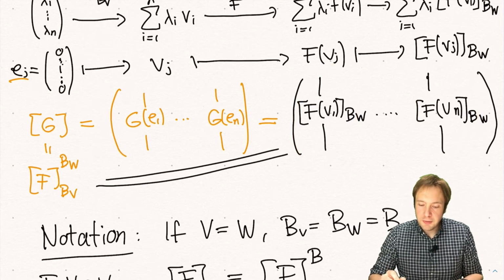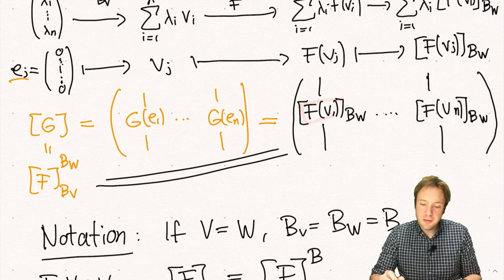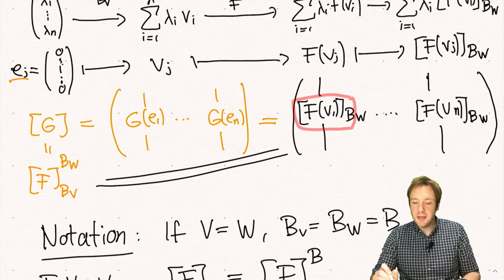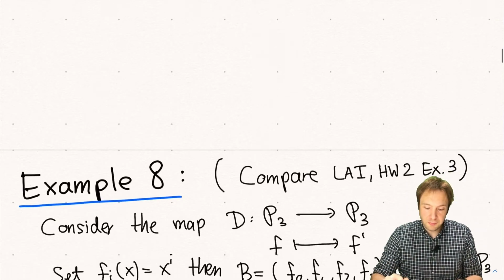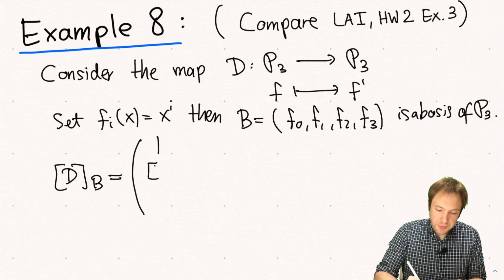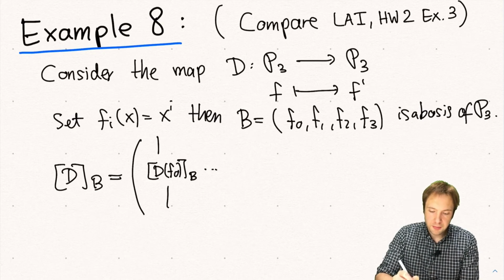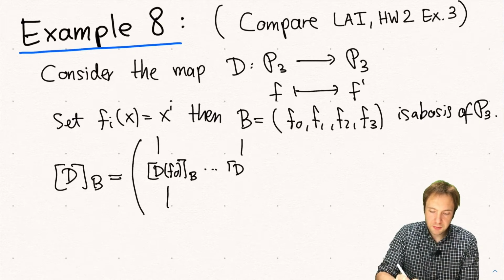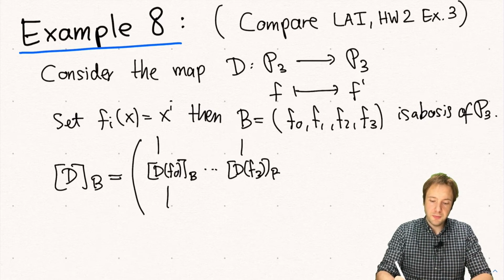So we need to apply the linear map to our basis elements and then write this again as a linear combination in the basis and write the coefficients in this column. So again here we want d of f0, and for this we want the coordinate vector up to the coordinate vector of d of f3.